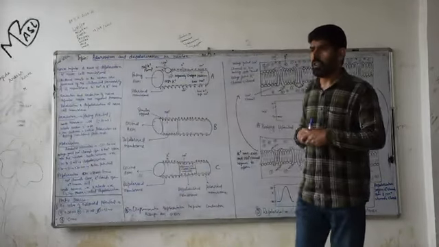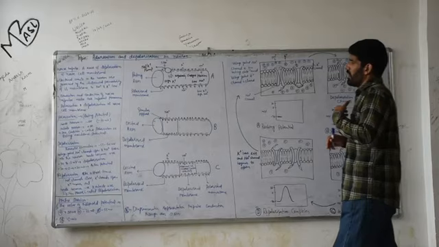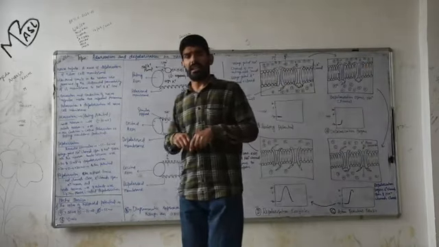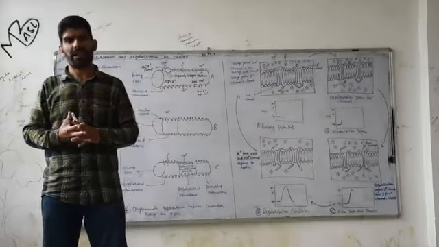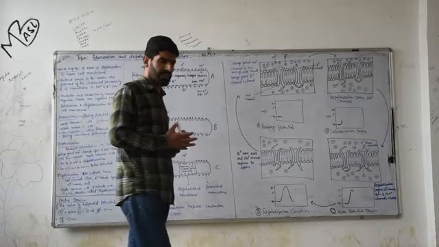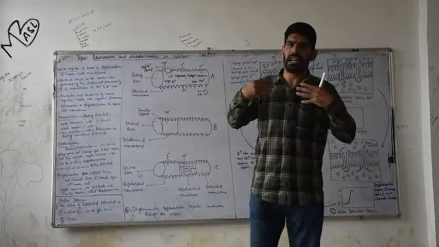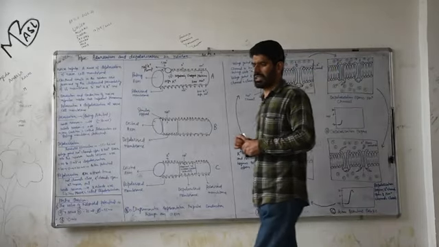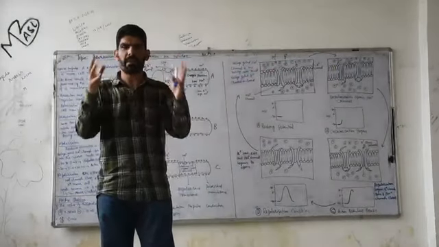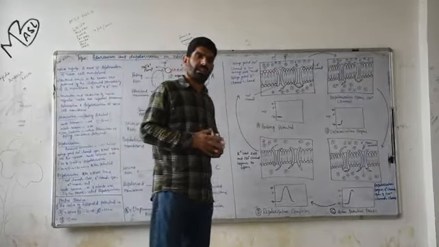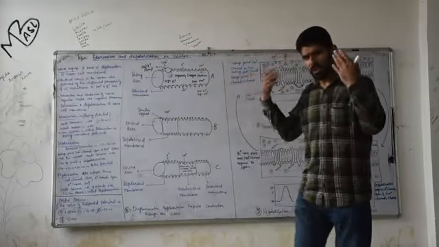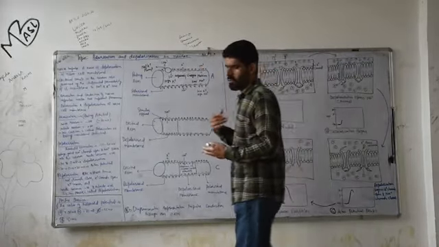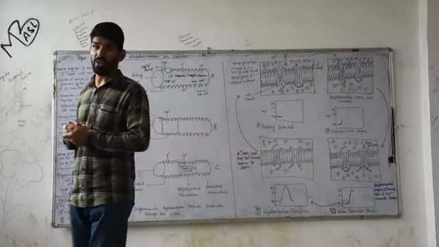In neuron, different electrical events take place, and these electrical events are the result of the differential permeability of the membrane of the neuron to sodium and potassium.